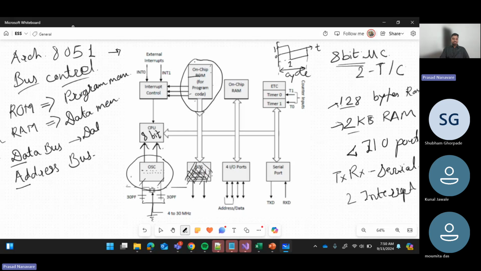What will be in the address bus? Addresses will flow. Addressing in the microcontroller is 16-bit. The address of the memory location is 16 bits. It depends on memory size as well.